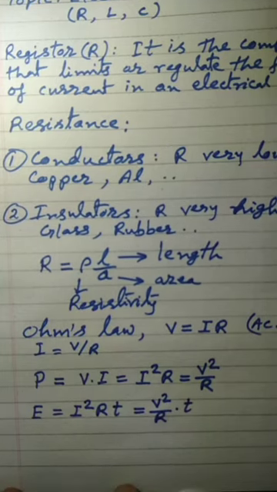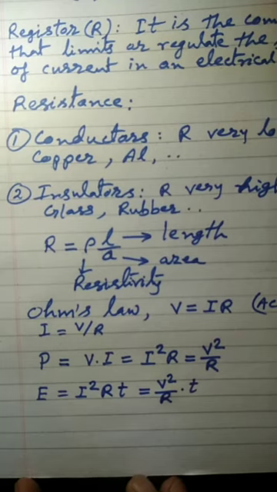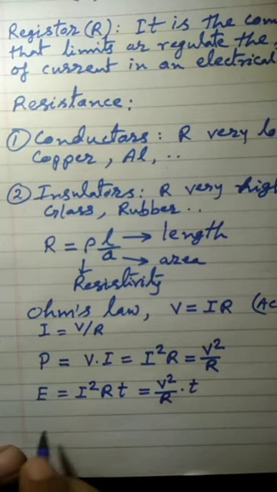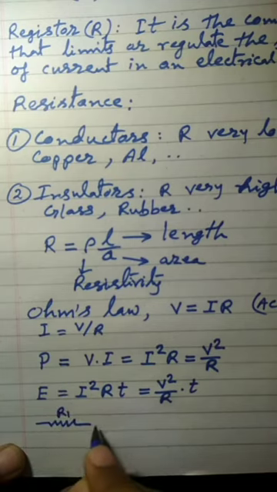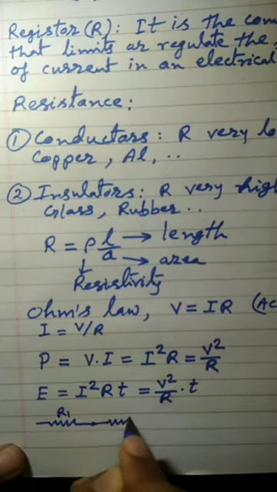Now in a particular electrical circuit, sometimes we can see that more than one resistor is connected in series or in parallel. Suppose there are two resistors of resistance R1 and R2.